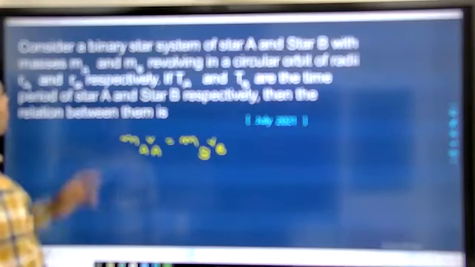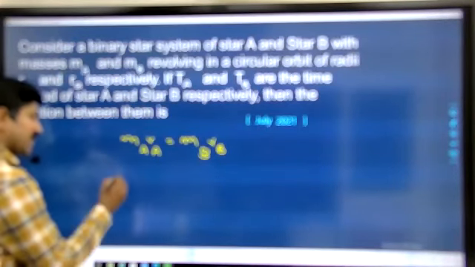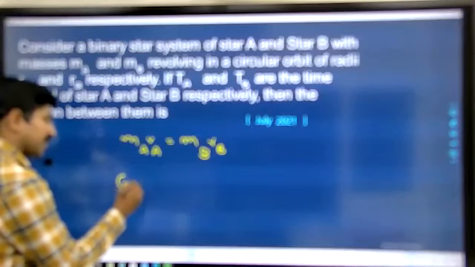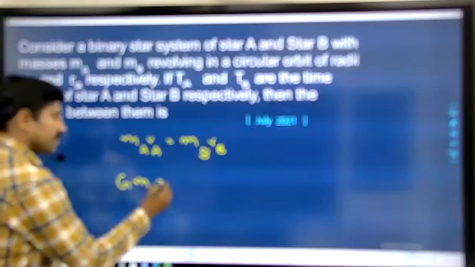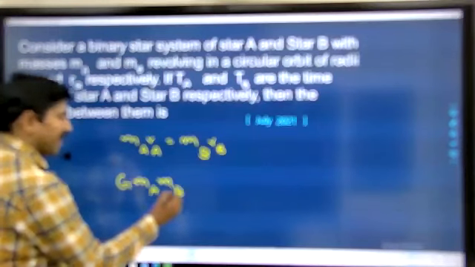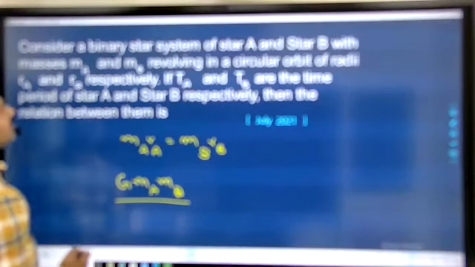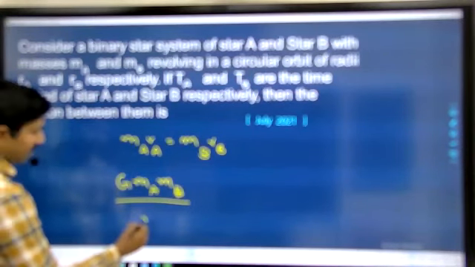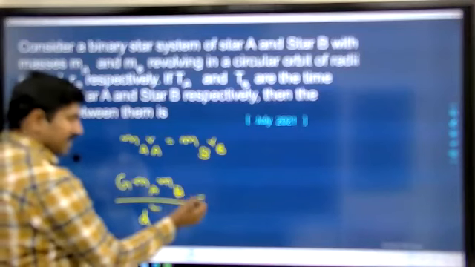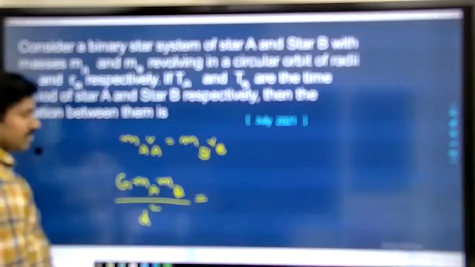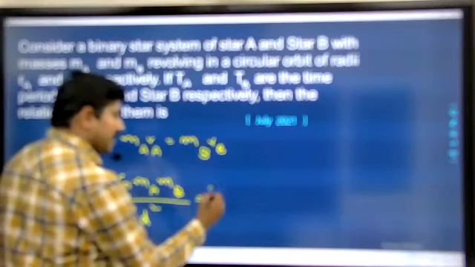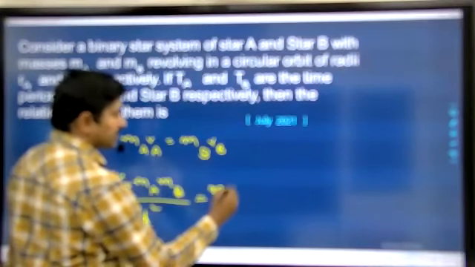The gravitational force on either is equal to G into mass of A into mass of B by distance square, whatever the distance they have. That is nothing but the centripetal force of both of them.